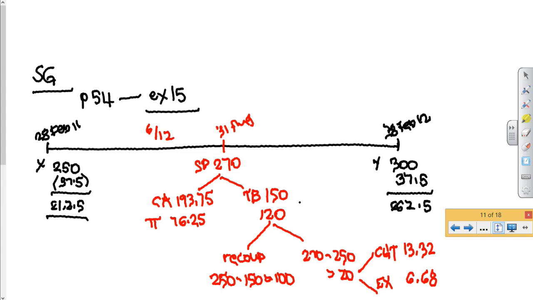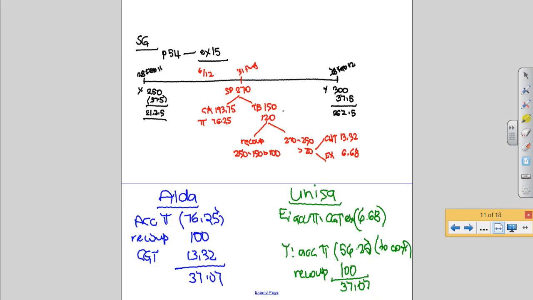That capital gain of 20 is made up of 66.6% taxable, 13,320, and then the remaining piece exempt, 6,680. Okay, now the way that I show it, the way that I've taught it to you, accounting profit gets reversed.